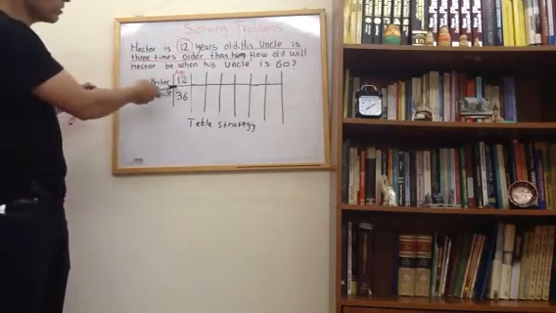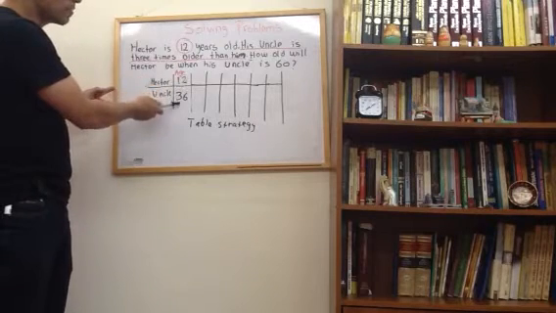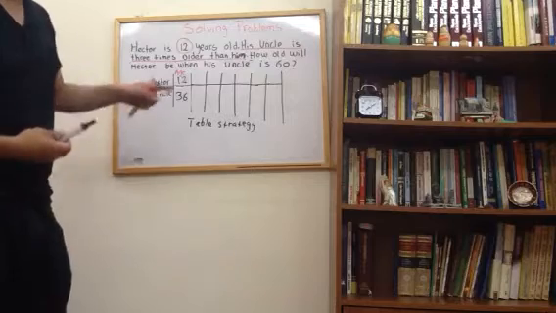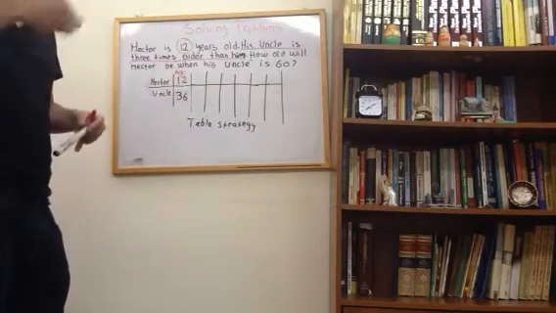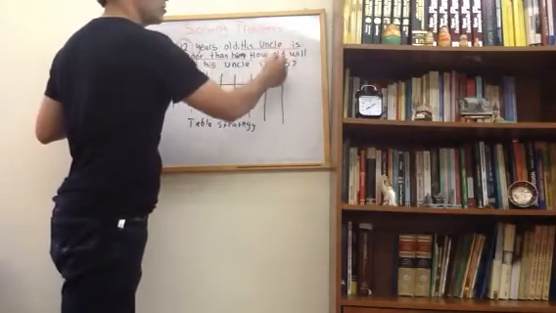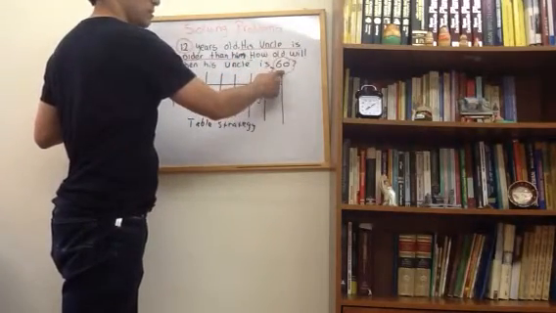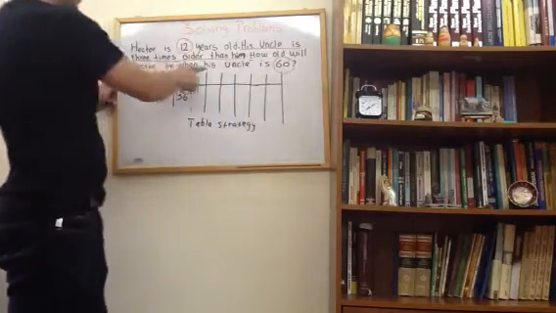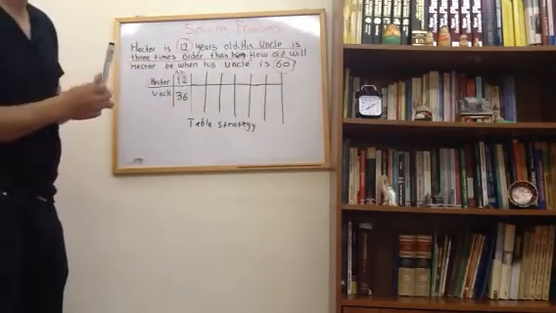Because 12 and 36 are multiples of 4. So these two numbers can go by 4 in order to reach the final age, which is 60 right here. This is the final age of Hector's uncle.